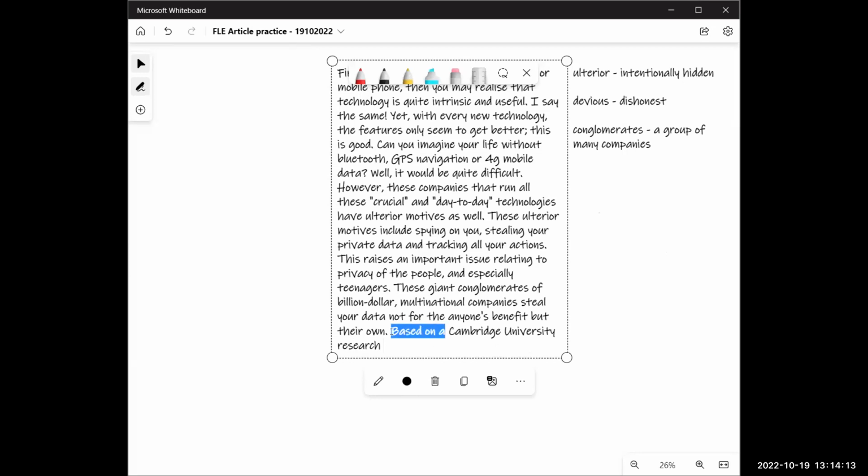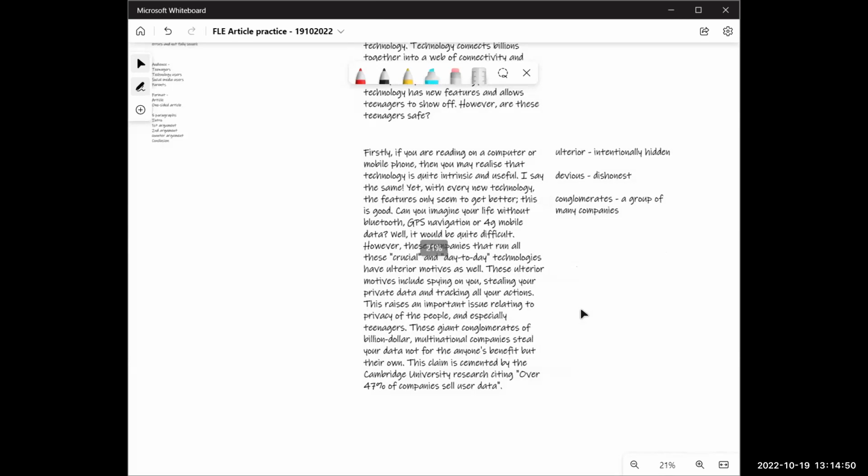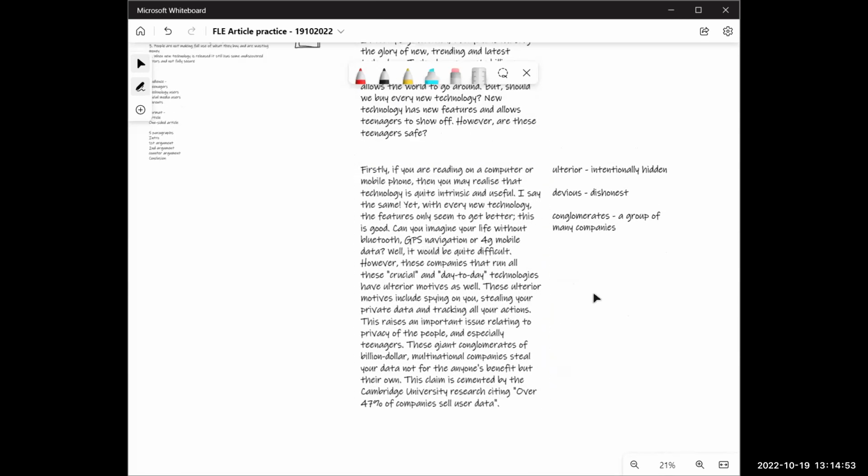Or let's say, this claim is cemented by the Cambridge University research citing over 47% of companies sell user data. Right? Any questions? No, sir.